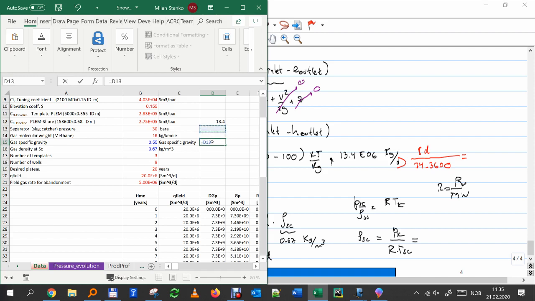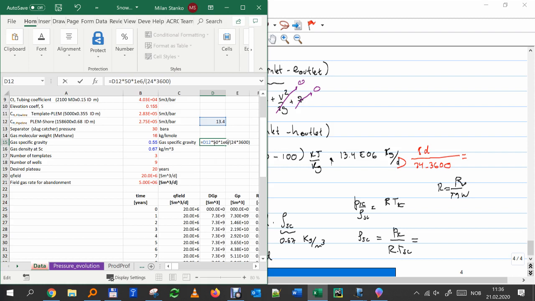So it's this times minus 50, divided by 24 times 3600 and multiplied by 1 million. I hope.